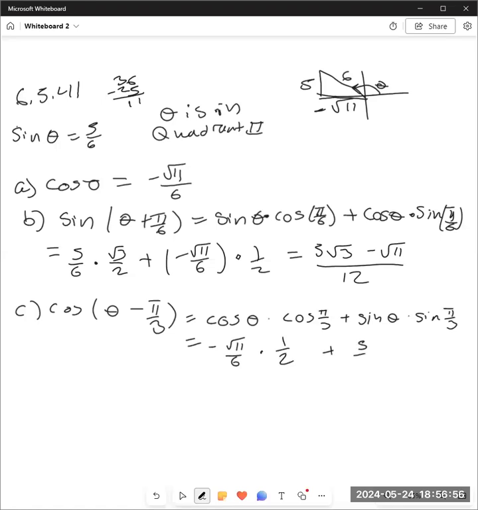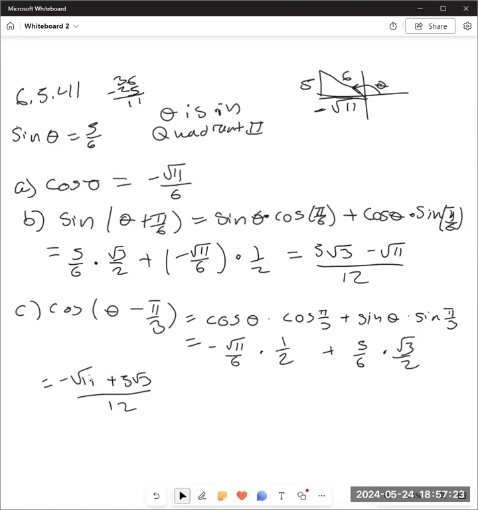Sine is 5/6 times sine of pi/3 is root 3/2. That's going to be a negative root 11 plus 5√3 over 12.